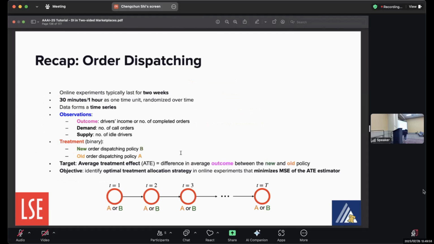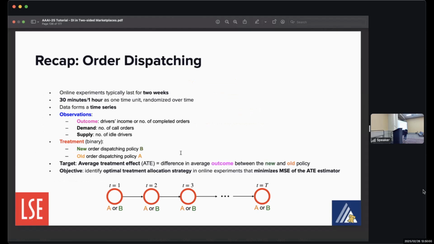So firstly, I just want to recap the order dispatching problem. I talked about this example at the beginning of the third part of our tutorial. Just want to remind you that the goal here is to evaluate the performance of a newly developed order dispatching policy.